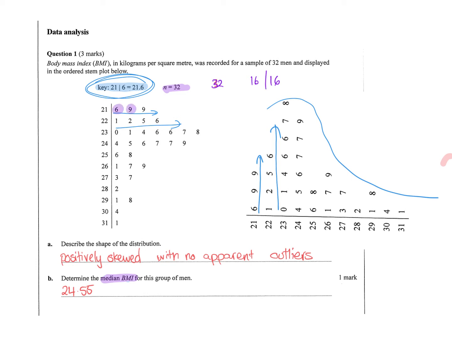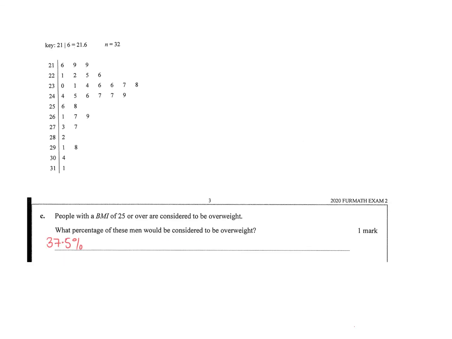So I'd go 1, 2, 3, 4, 5, 6, 7, 8, 9, 10, 11, 12, 13, 14, 15, 16. And so it's in between these two, which is 24.5 and 24.6. So the number that happens in between them is 24.55.